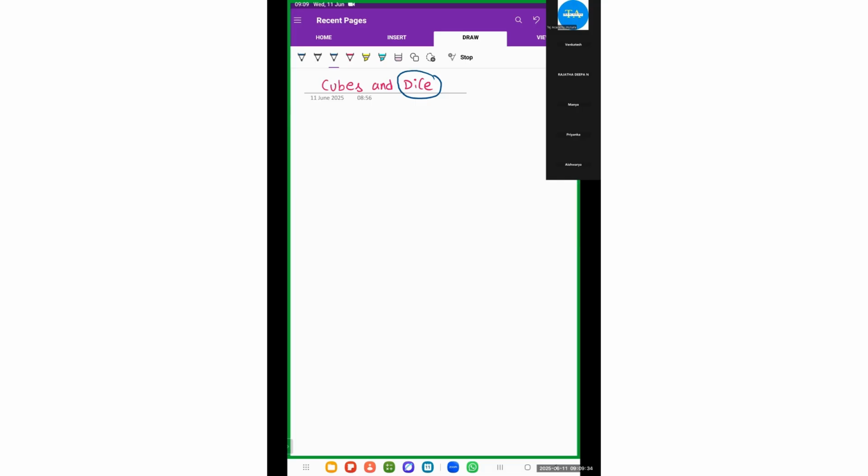This is one side, this is another side, and these two are opposite. Next, this is the front and this is the back, which are also opposite. Top and bottom, left and right, front and back: these are the opposite faces. Clear?